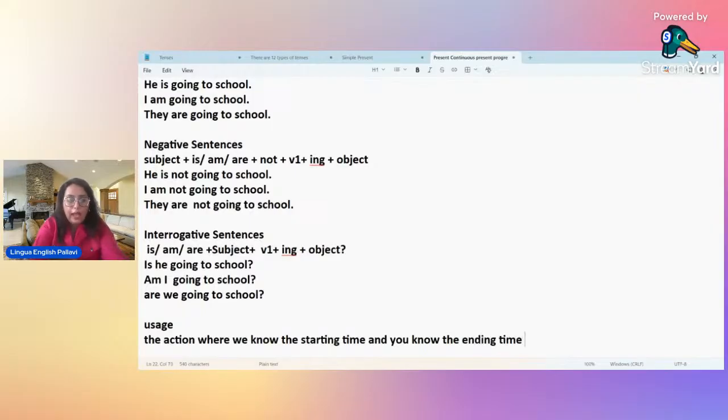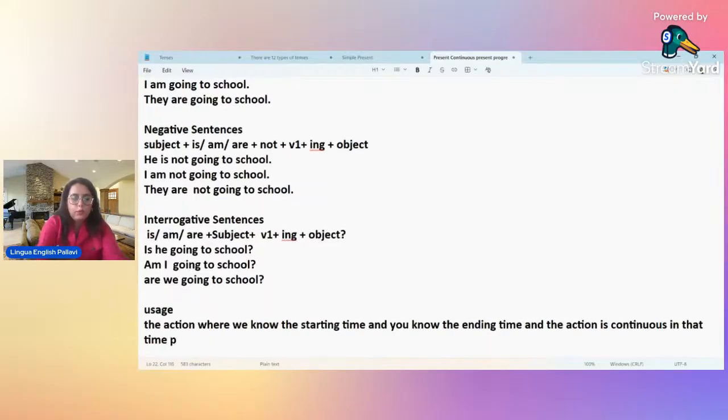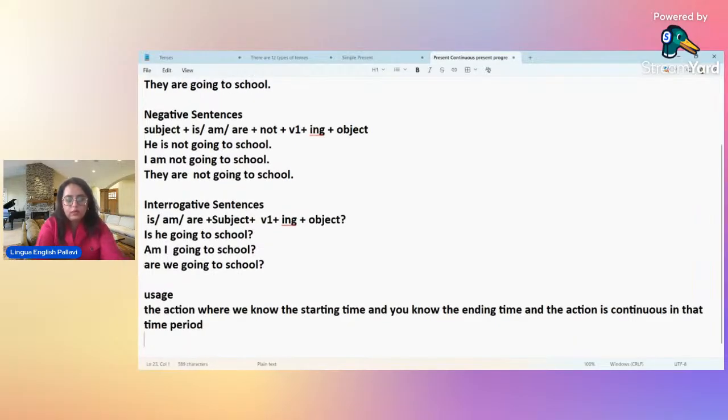Okay, and very important, the action is continuous in that time period. If you understand this thing, you will never struggle with it.